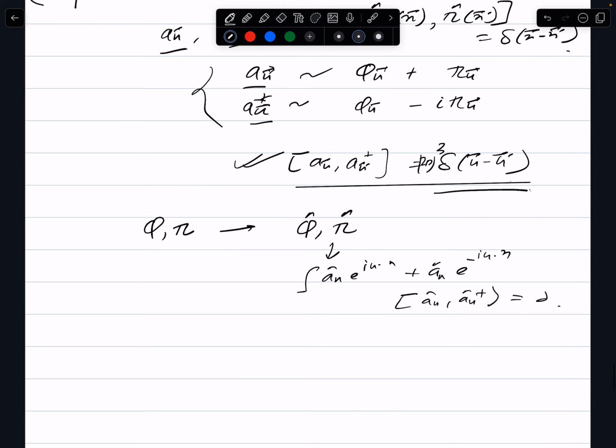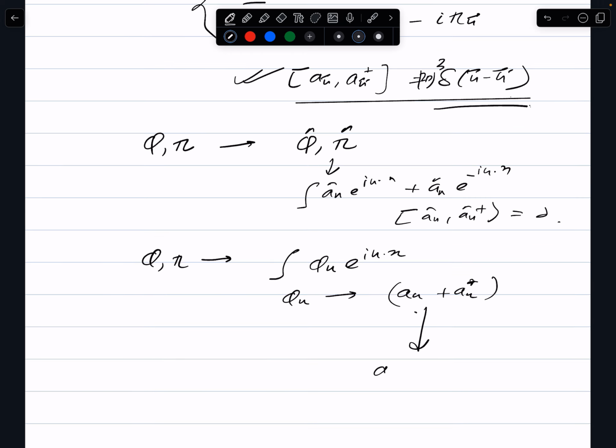And the other way was start with classical phi and pi, write them classically into Fourier transforms, take the classical phi_k and write it as a sum of some coefficients a_k plus a_k star, make these into operators which satisfy the ladder operator relation, and then say this is my quantum theory.